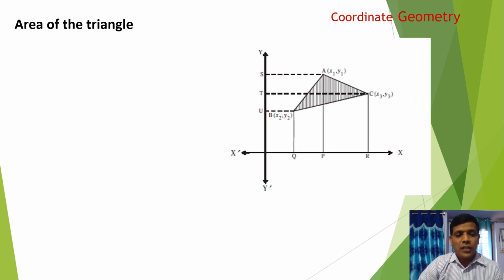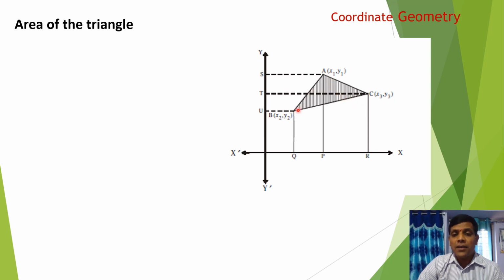So look at the figure. What is the given figure? A, B, C are three points or three vertices of a triangle. Here A has coordinates x1 comma y1, B is x2 comma y2, and C is x3 comma y3.